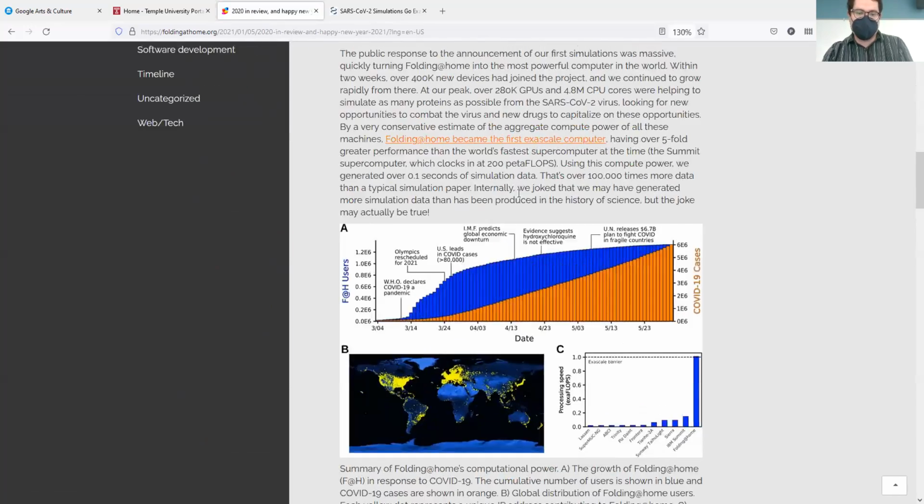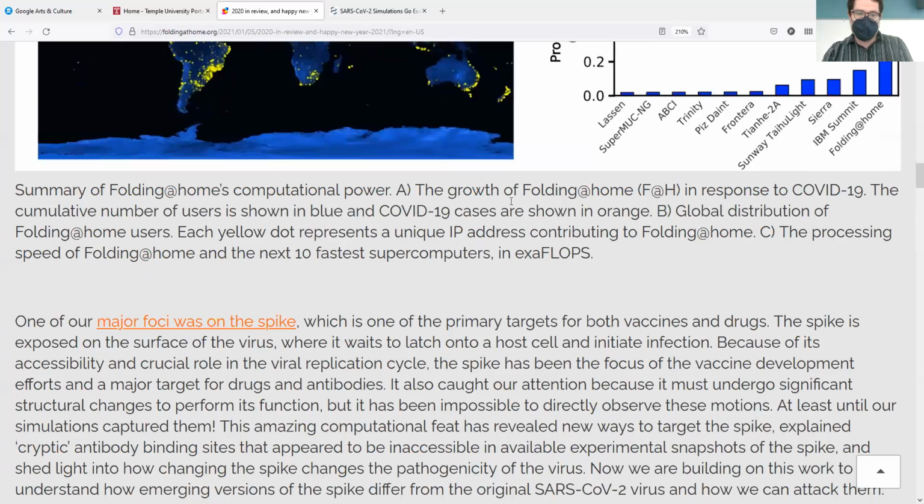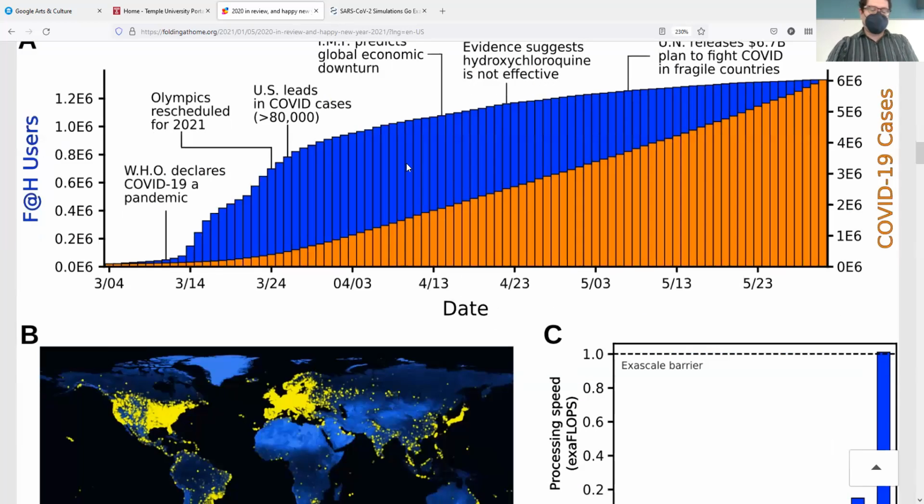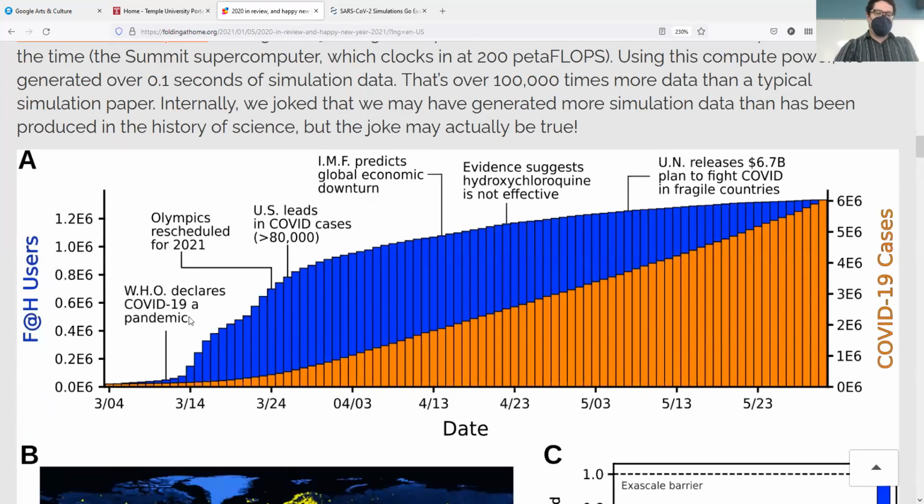This is the growth of Folding@home users for the COVID-19 cases last year, and just how many people.